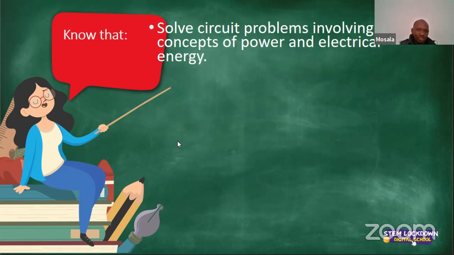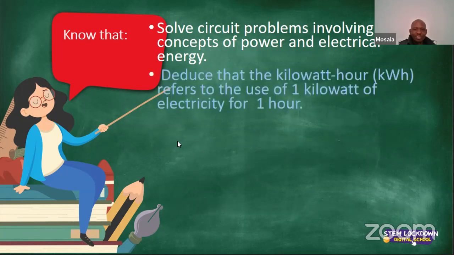You should also know how to go about solving circuit problems involving the concept of power and electrical energy. And deduce that a kilowatt hour, that is kWh, refers to the use of a kilowatt of electricity for an hour.